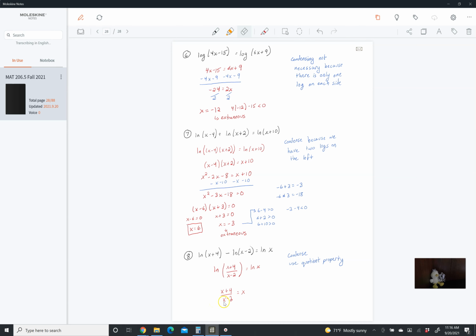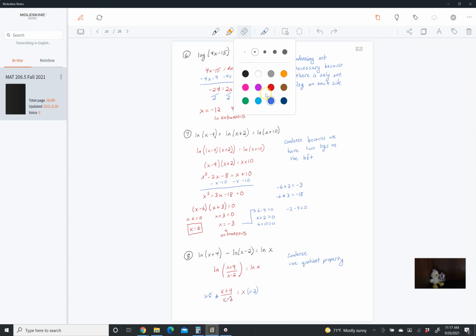Well, we want to get rid of this denominator. So we're going to multiply both sides by x minus 2. And what that does is it gets rid of the denominator here. Sorry, I did not mean to cross that out.